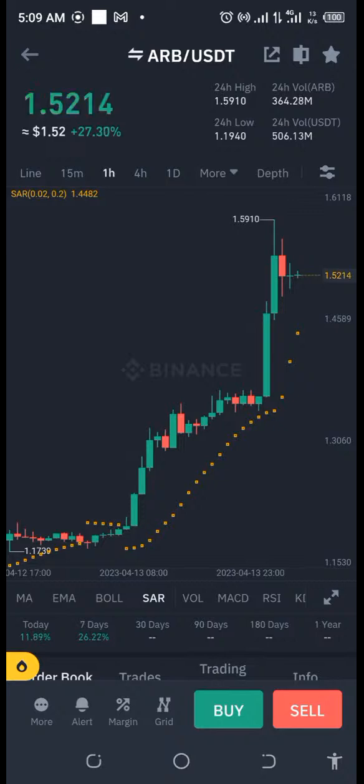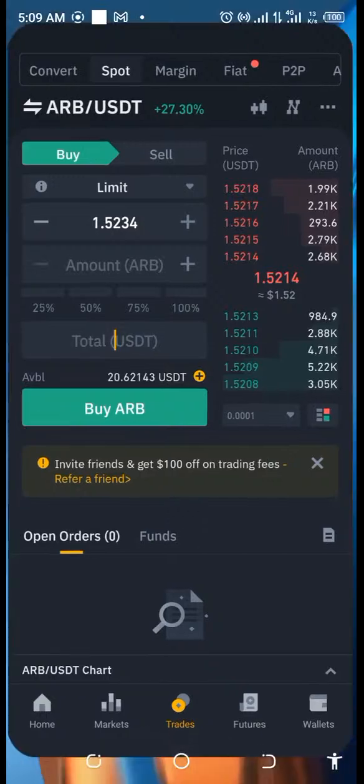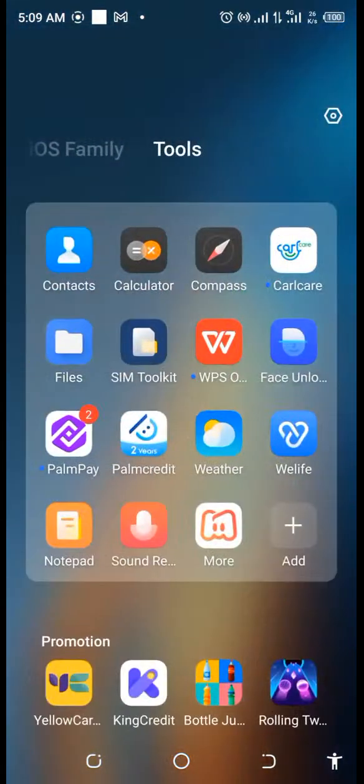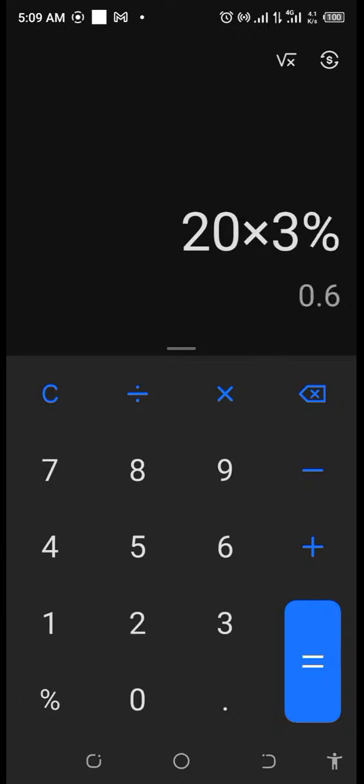So let's check what this is on a calculation basis. We have 20.62. We put $20 there, times 3%. Yes, this is about a 3% profit margin trade after all expenses have been removed.